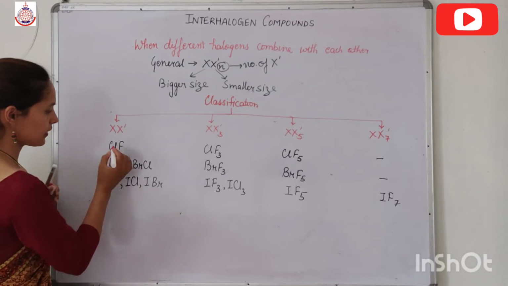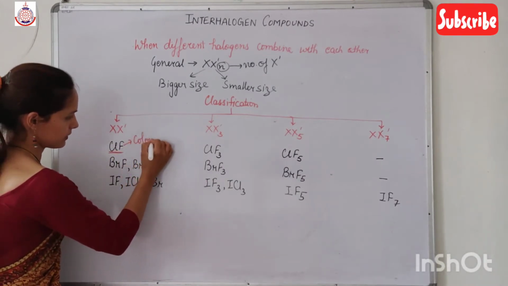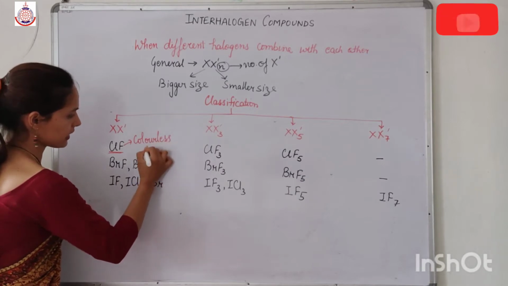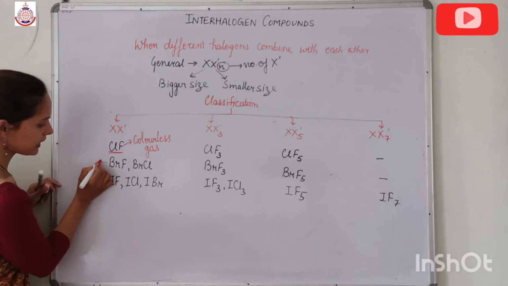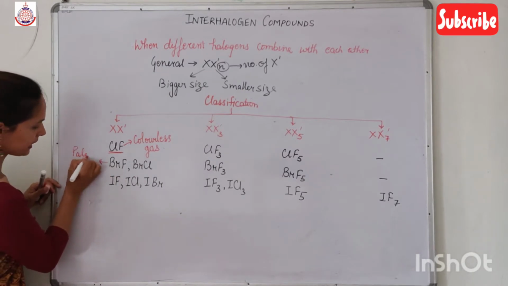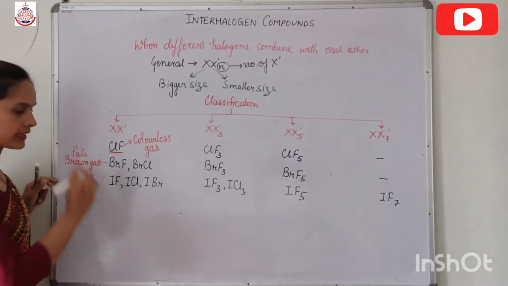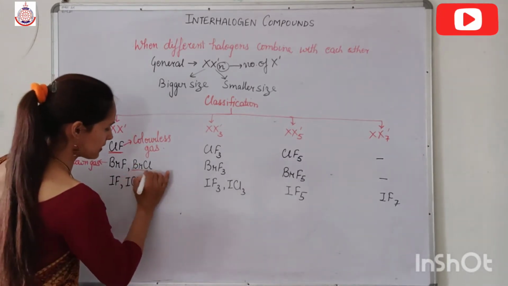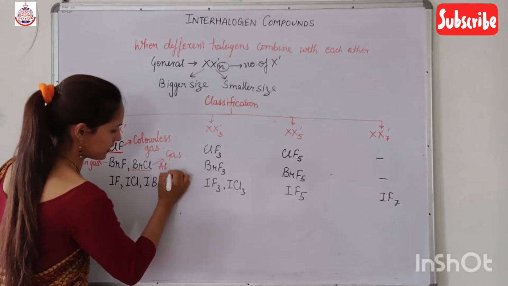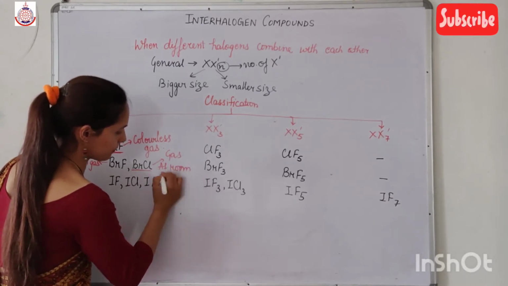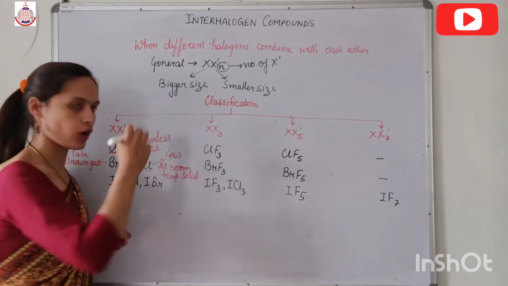So ClF is a colorless gas, but BrF is a pale brown gas. And BrCl is a gas, but at room temperature we get this BrCl in the solid state.